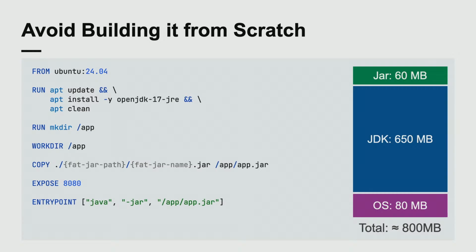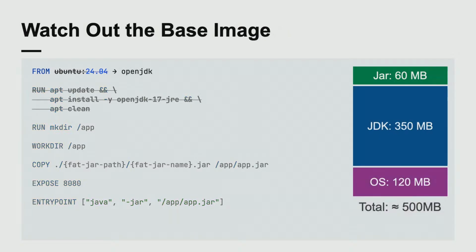Our application fat jar is around 60 megabytes, but your operating system is about 80 megabytes, and your JDK is almost 650 megabytes, which is huge. So you need to watch out for the base image you use.